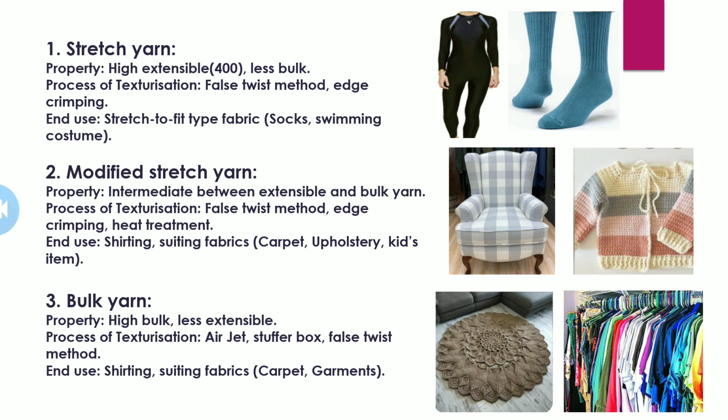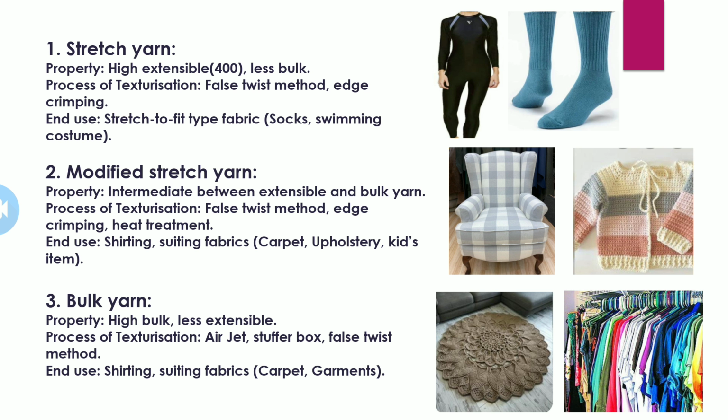In use: the yarns are used in shirting and suiting fabrics. And we can see a beautiful sofa and beautiful kids' clothes. So these fabrics are made by modified stretch yarn. Moreover, carpets are made with this yarn.